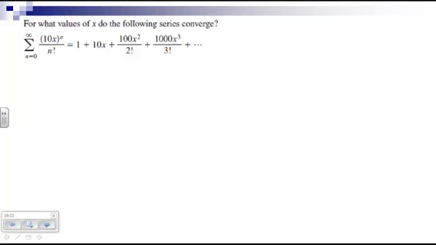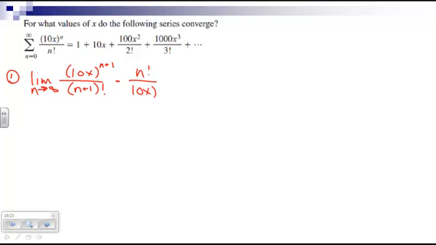So step 1, apply the ratio test. The limit as n approaches infinity of the n plus 1 term divided by the nth term.